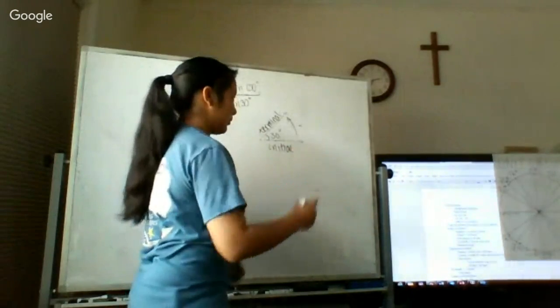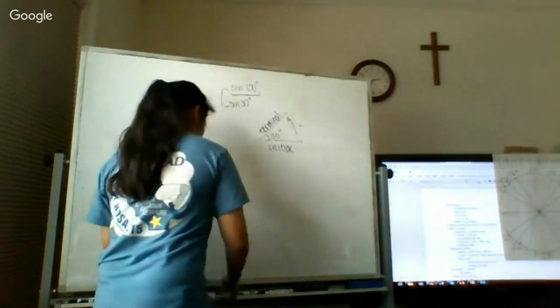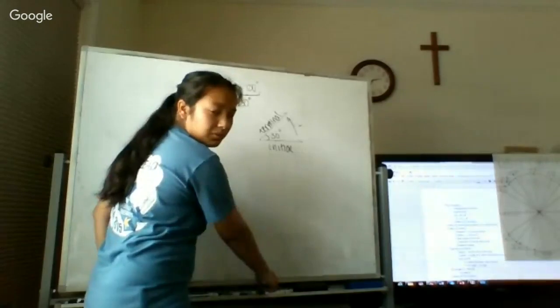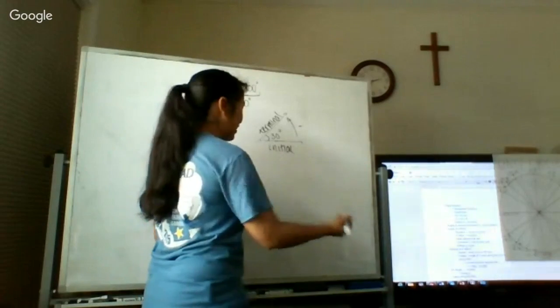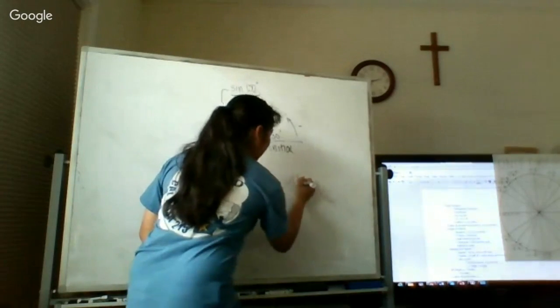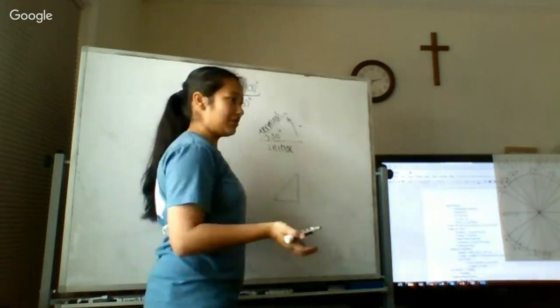So the way we typically explain this is we take a circle. Okay, so as you remember, sine, cosine, and tangent are just ratios, right?